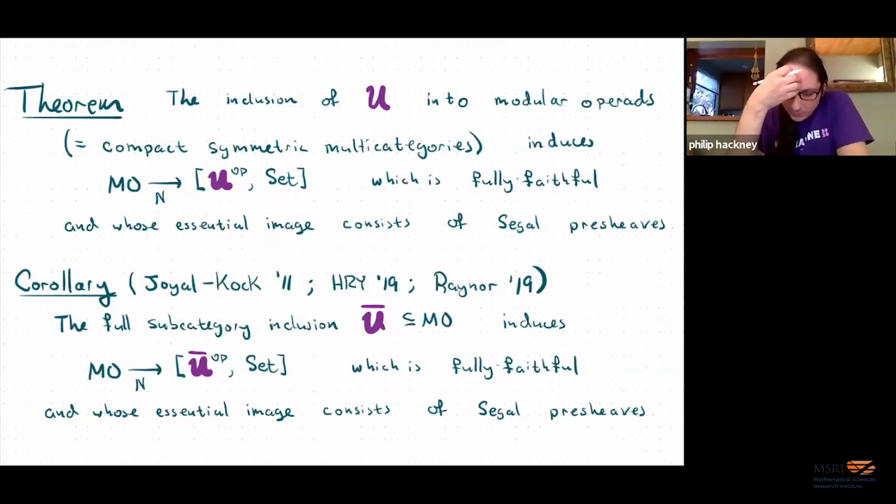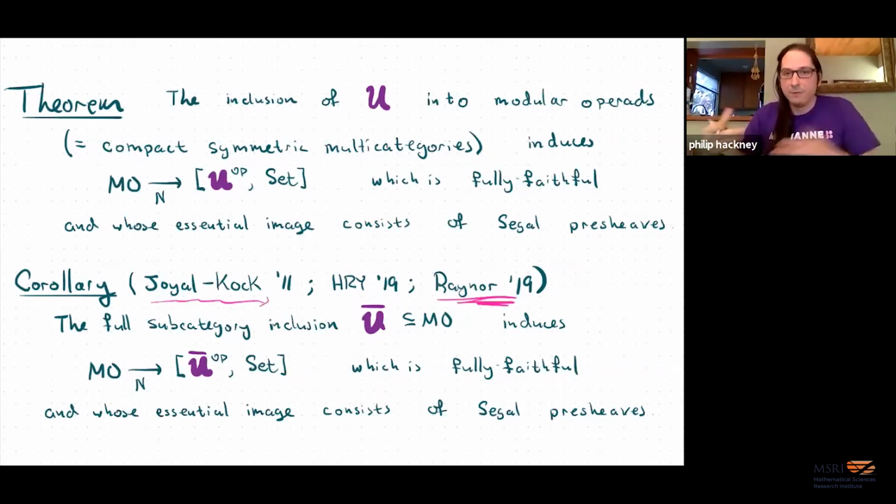So this corollary, this was announced as a theorem back in 2011, and I think that the proof of this is Sophia Raynor in her thesis. She really followed the perspective of Joyal and Kock in how to build this up using Weber theory in a very careful way.